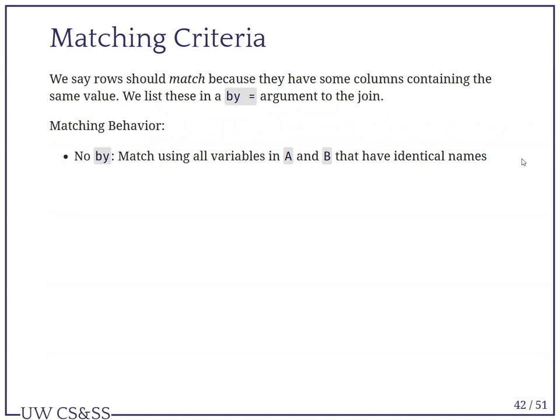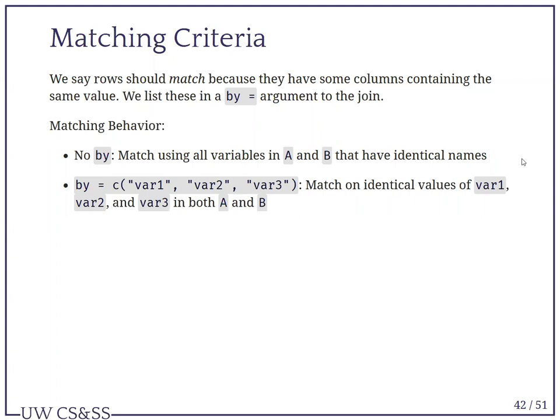So the matching behavior, if we don't add anything to the by argument of our joins, it will match using all variables in data frame A and data frame B that have identical names. Like if we have two data sets and both of them have a column that's called year, and we just left join them together, and we don't say by what, it'll be like, oh, well, they both have year, so that must be what they mean.